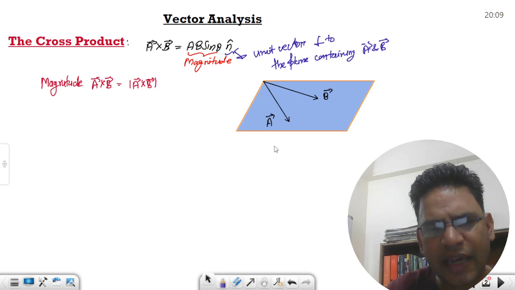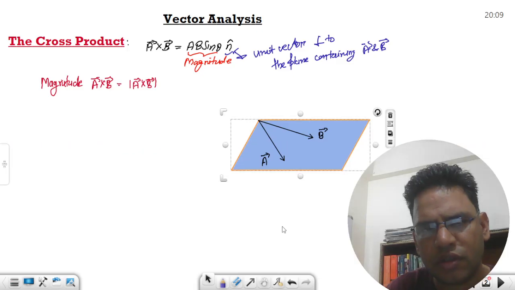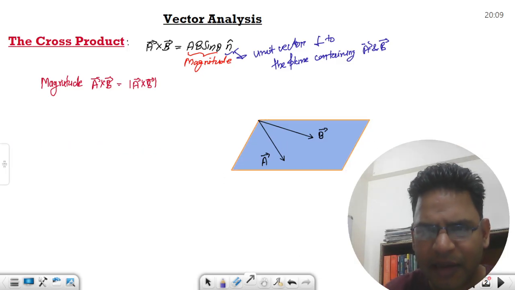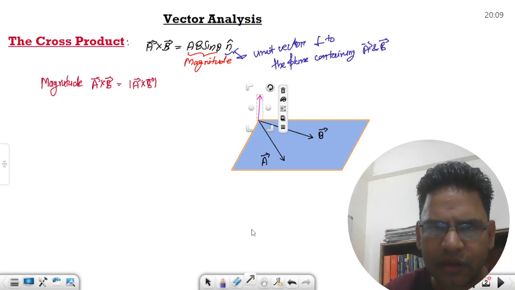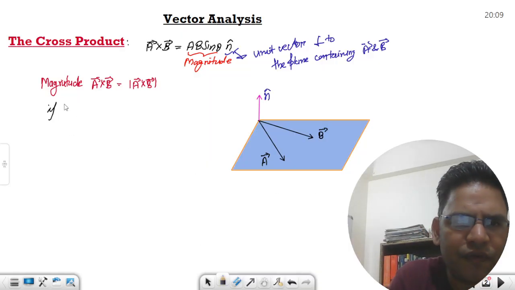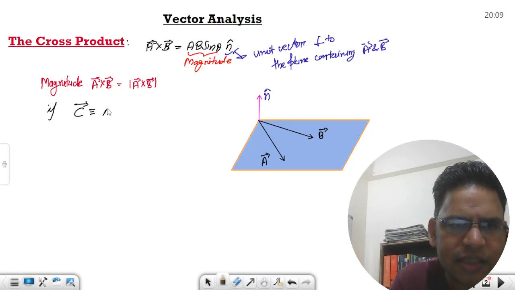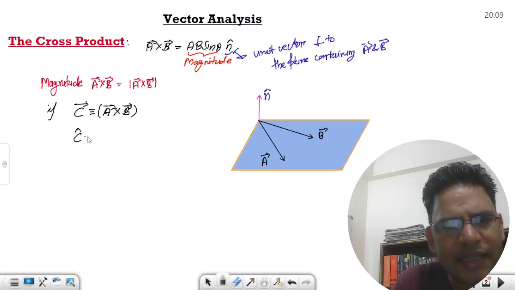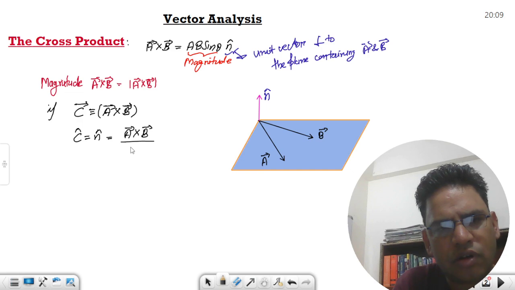If you look at this, this is the idea. Where is n cap going to be? This is the direction of the n cap vector. This is very interesting. In other words, if you were to define the c vector as a cross b vector, then c cap is the same as n cap, which is a cross b vector divided by the magnitude of these two vectors.